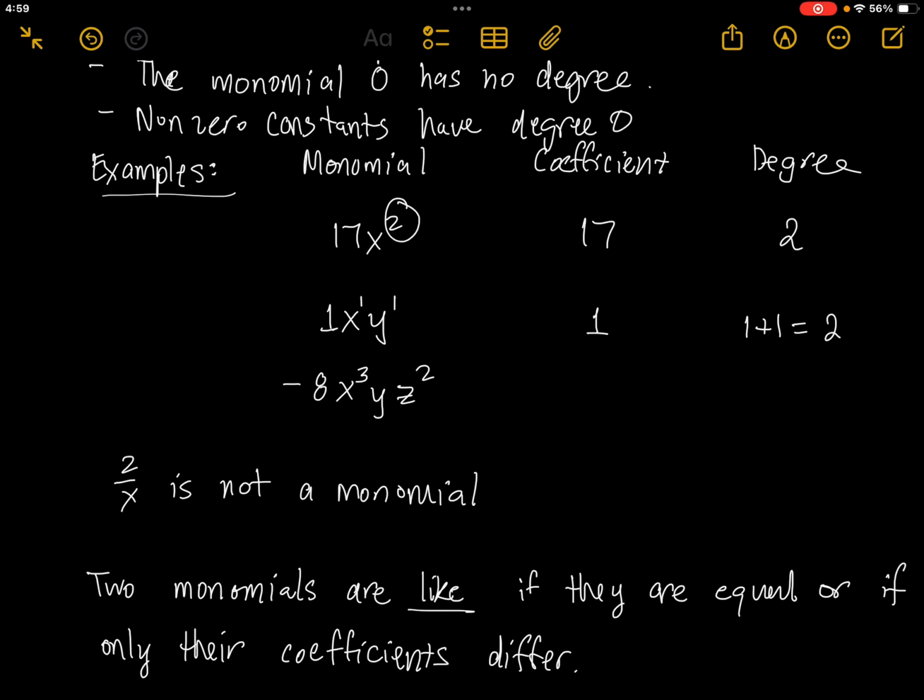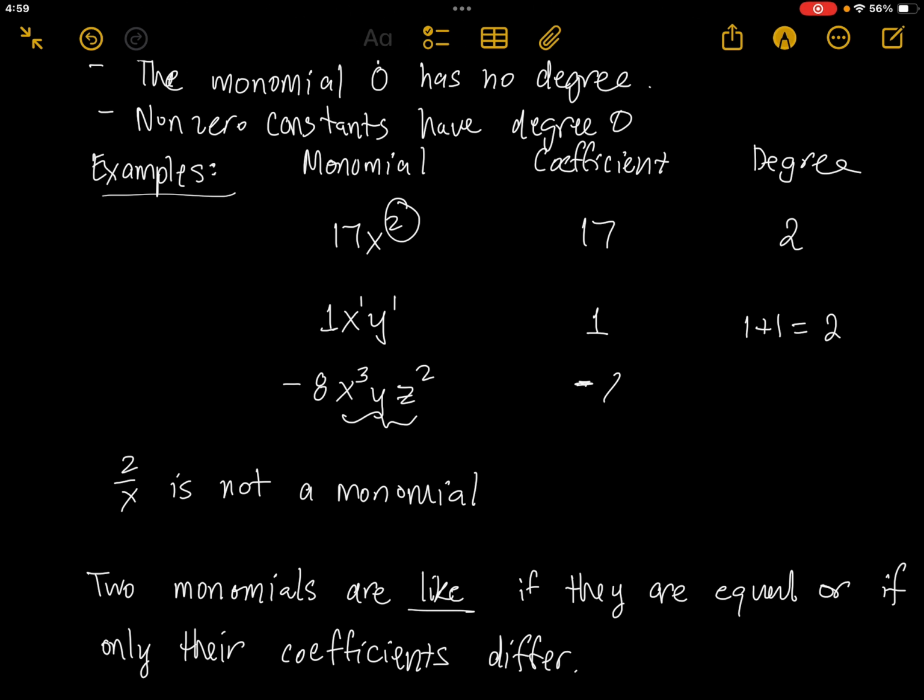Let's look at the next example, negative 8x cubed times y times z squared. The variables are x cubed, y, and z squared, and the constant being multiplied is negative 8. So the coefficient of this monomial is negative 8.